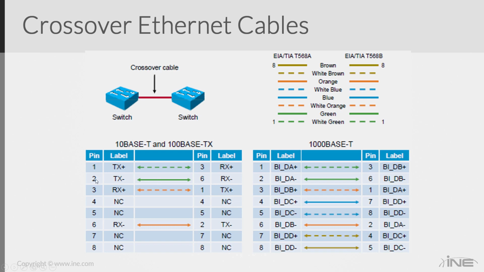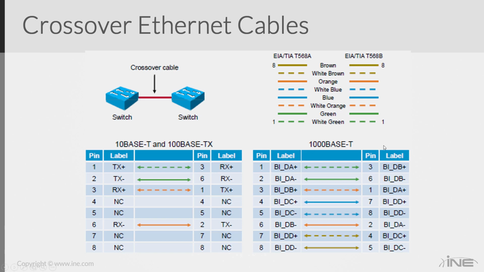But if you look right here, you'll have pins 1, 2, 3, and 6. You're going to flip them around a little bit because the transmit needs to be the receive, and the receive needs to be the transmit. That's the thing with crossover. You're trying to send traffic out and it needs to be received on the other end, and vice versa.